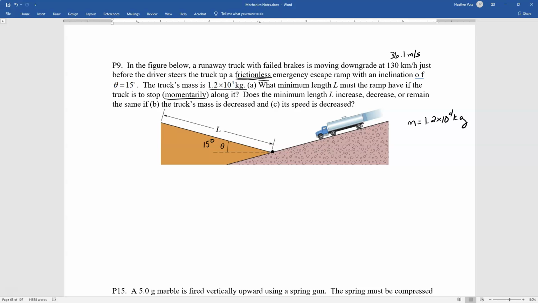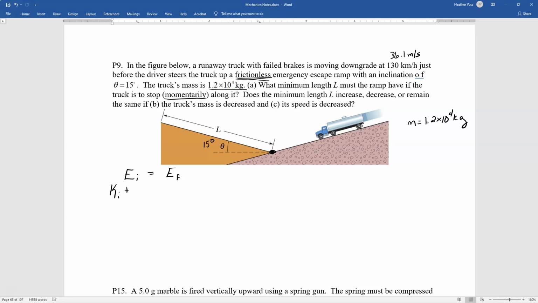So we need to know initially, what are we starting with? If we are saying there's no frictional force acting, that means the initial energy we start with is going to equal the final energy at the top of that ramp. Initially, at the bottom of this ramp right here, when we start to steer up it, all of our energy is in kinetic.